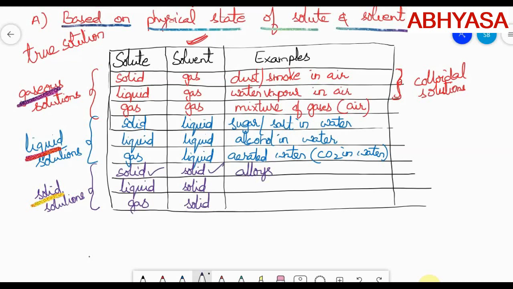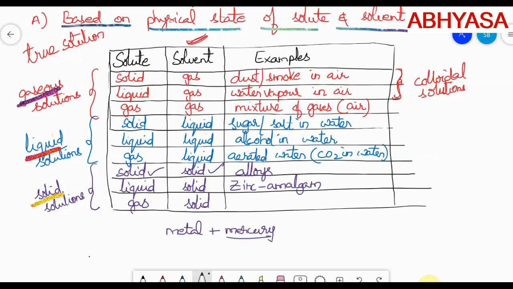Then liquid in solid, we can say zinc amalgam. This is again a new word. Amalgam is the word we use whenever a metal is in combination with mercury. Whenever mercury is added to a metal, here the solute is in liquid state.